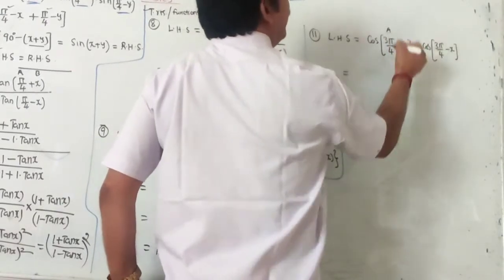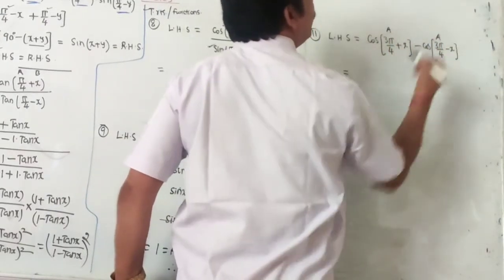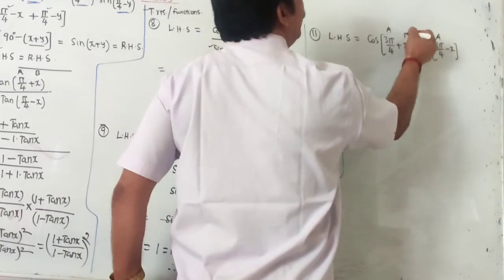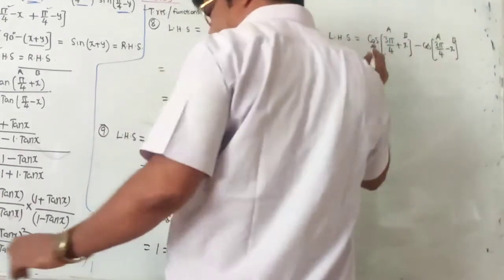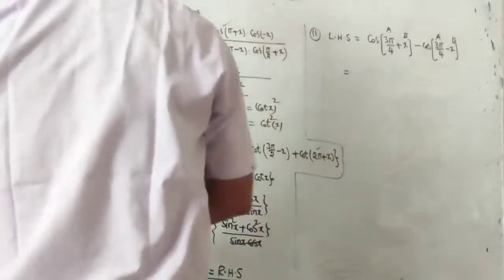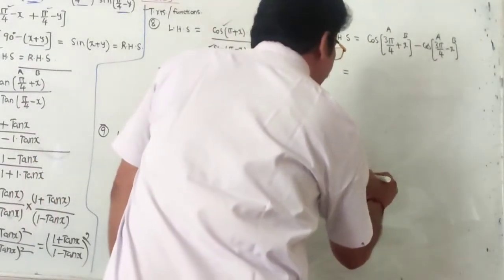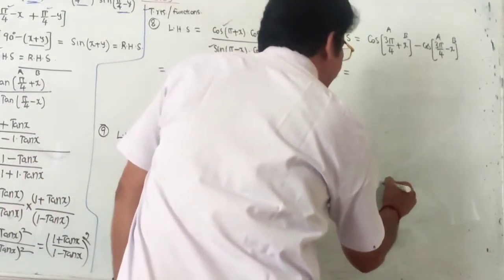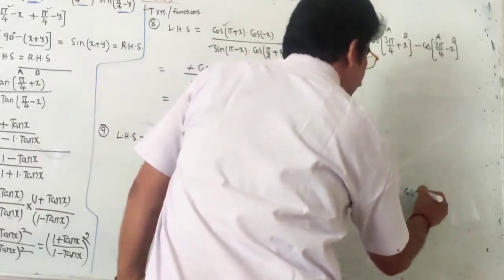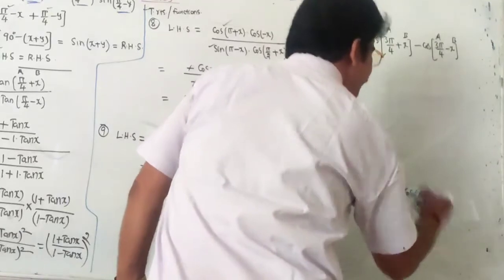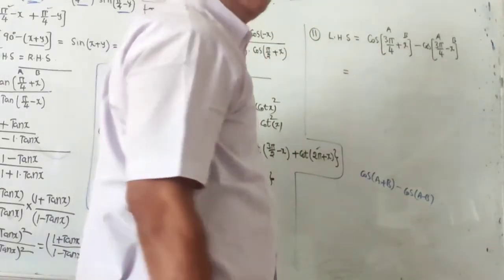Suppose it is capital A, the same angle capital A, and x is B. It is in the form of cos of A plus B minus cos of A minus B. What is its formula?